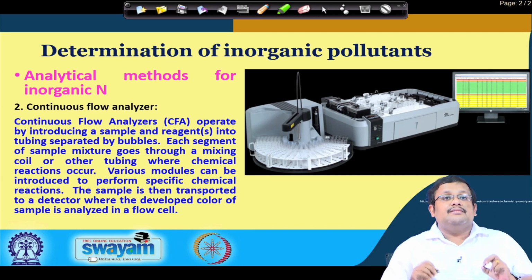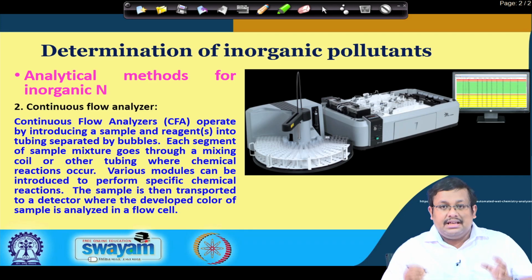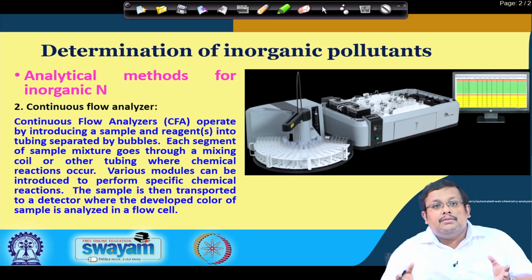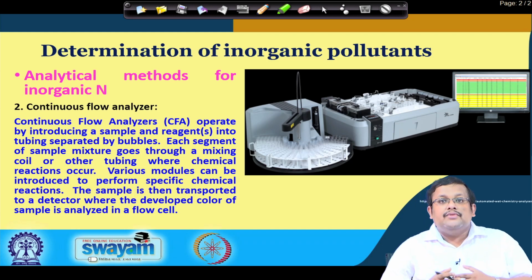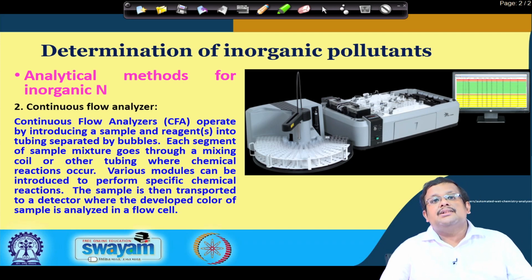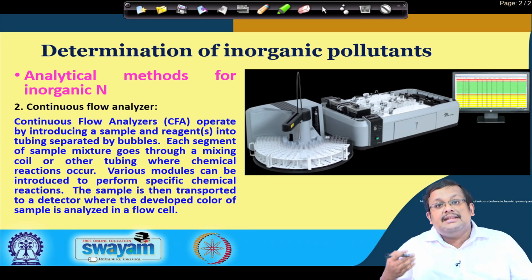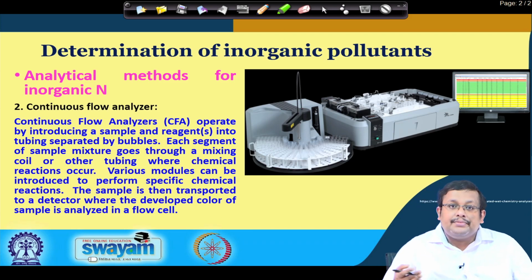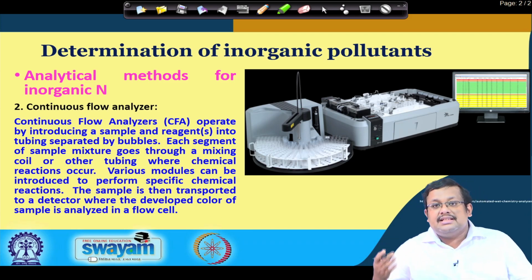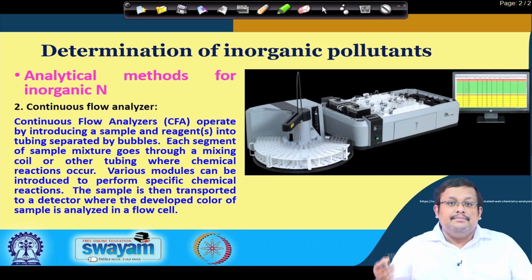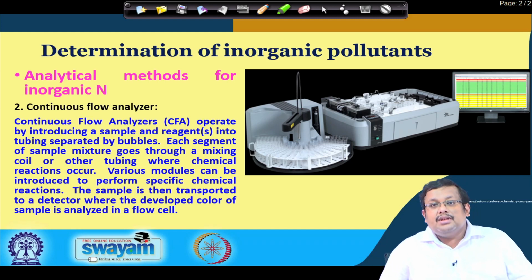Each segment of the sample mixture goes through a mixing coil or other tubing where chemical reactions occur. Various modules can be introduced to perform specific chemical reactions, and the sample is then transported to a detector where the color is developed. This developed color is measured, and the sample is analyzed in a flow cell. This is basically the principle of the continuous flow analyzer.